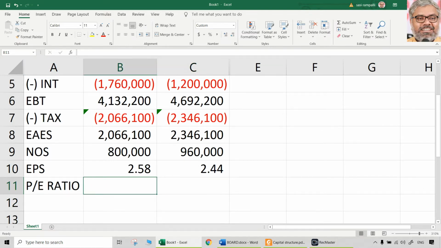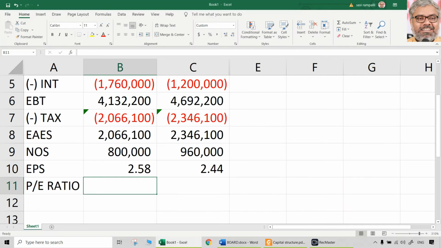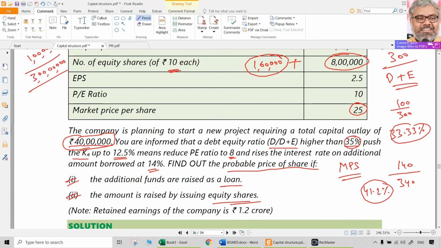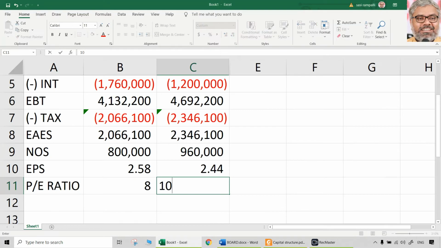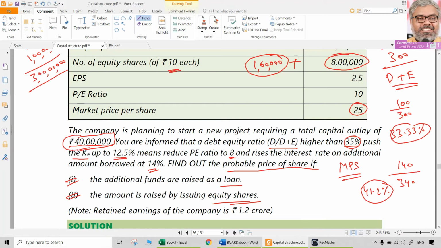So how much is PE ratio in alternate 1? Now that is an important point, because in alternate 1, since the debt is used, the condition of debt equity ratio crossing more than 35% has been satisfied, which means PE ratio now becomes only 8. But in alternate 2, PE ratio will continue to be 10 because no debt is issued, since same debt equity ratio of 33.33% will be continued, or actually less than that.